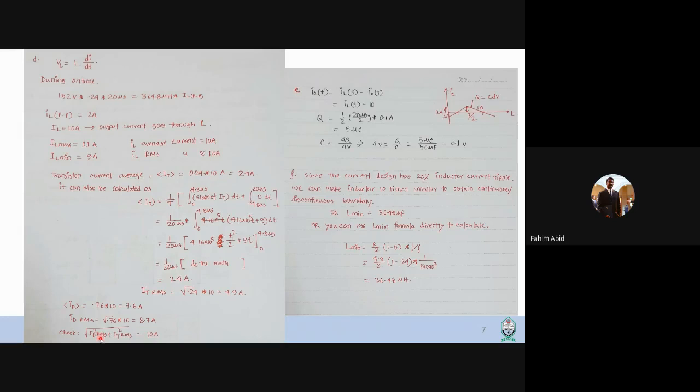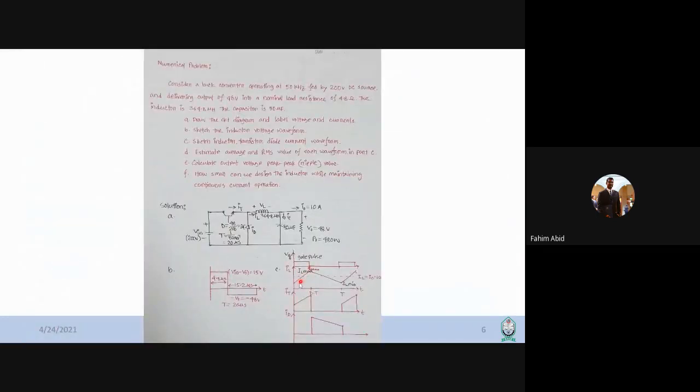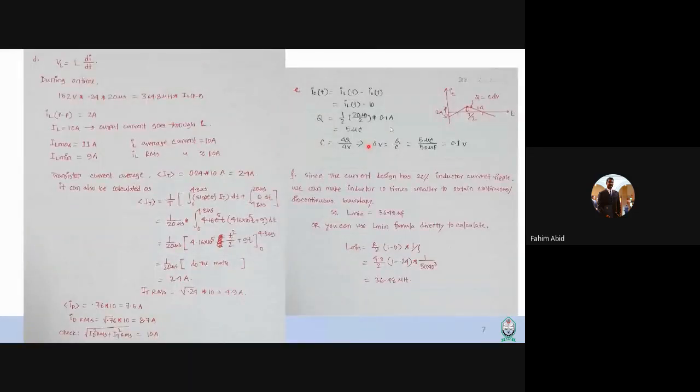Your RMS transistor current and your RMS diode current should be equal to 10 amp, or the current in the inductor, because in the previous slide, if you see here, the inductor current is basically the sum of transistor current and diode current.